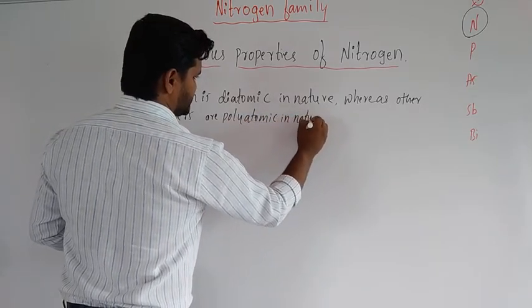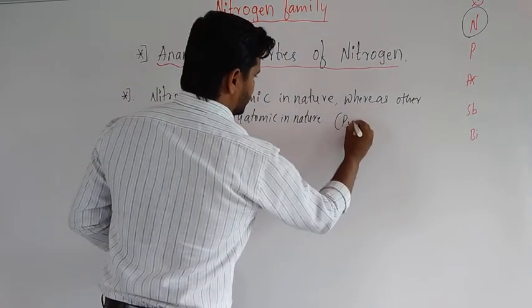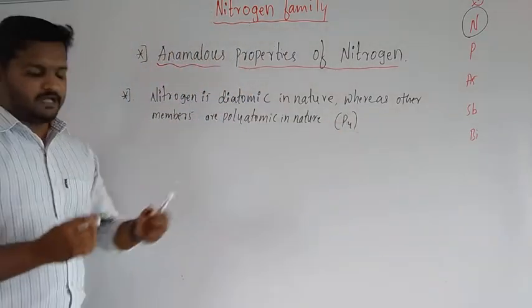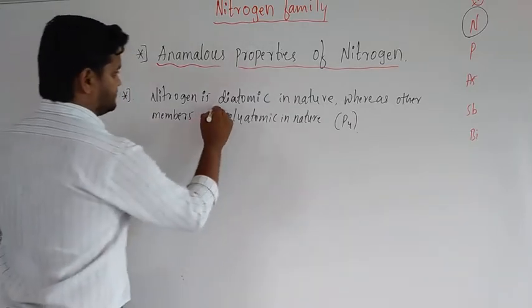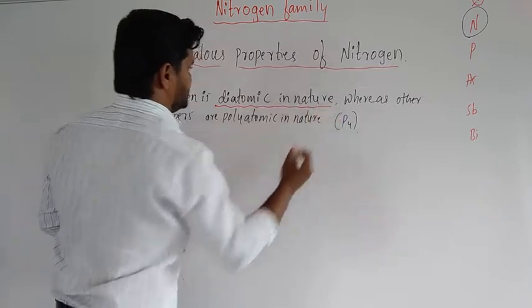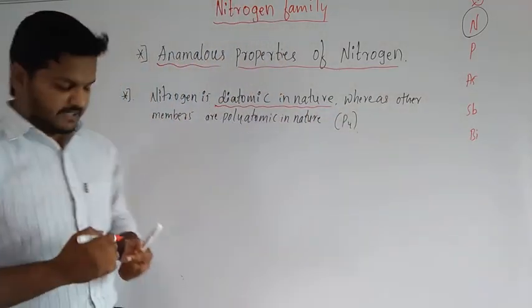For example, phosphorus is P4, which is polyatomic. So nitrogen has diatomic atomicity, whereas other members are polyatomic in nature.